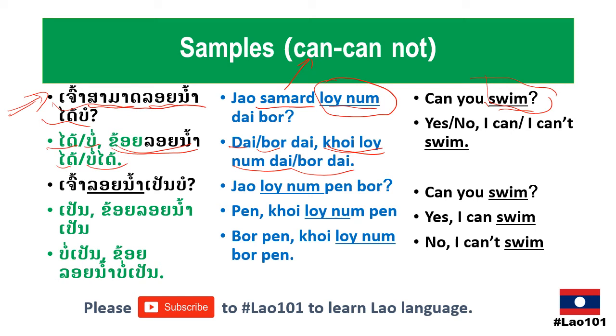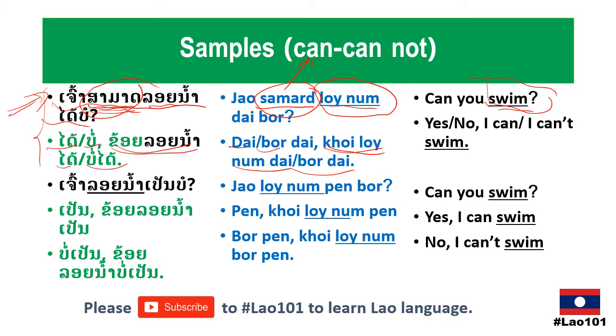You notice that I didn't use the word สามารถ anymore in the answer. In fact, when you ask about the ability of people in Laos, for skills they rarely use the word สามารถ.